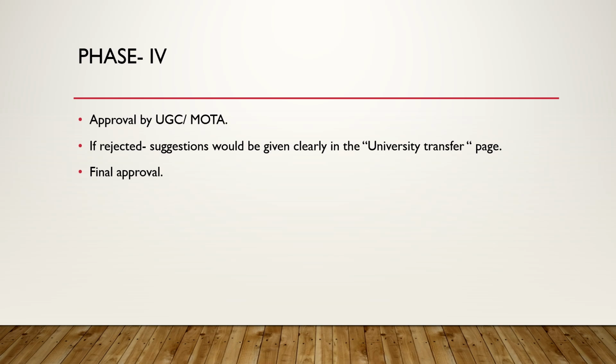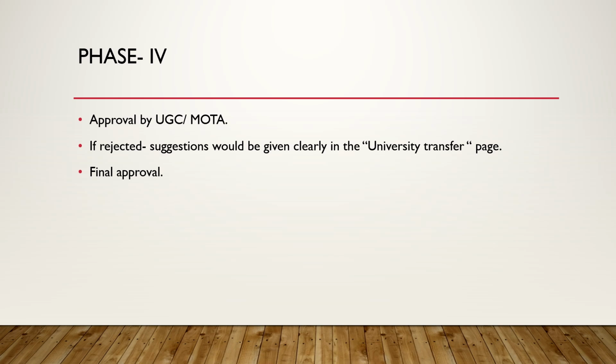In my case, it was first rejected because of the absence of the date of transfer, and also my letter was signed by the dean only, so the registrar's sign was not present. Because of these two reasons, mine was first rejected, and when I cleared these things and re-uploaded the documents, my transfer was approved by UGC.